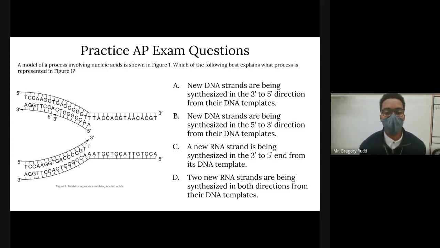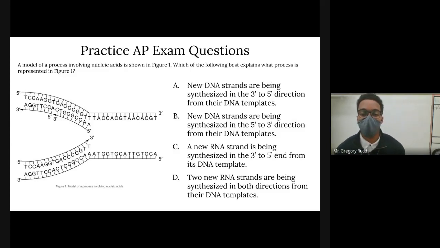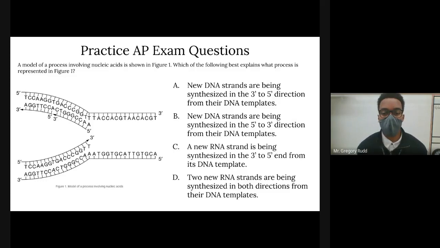B, new DNA strands are being synthesized in the 5' to 3' direction from their DNA templates. C, a new RNA strand is being synthesized in the 3' to 5' end from its DNA template. And D, 2 new RNA strands are being synthesized in both directions from their DNA template.